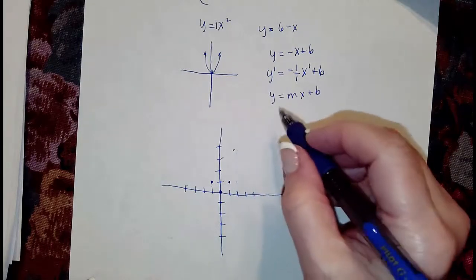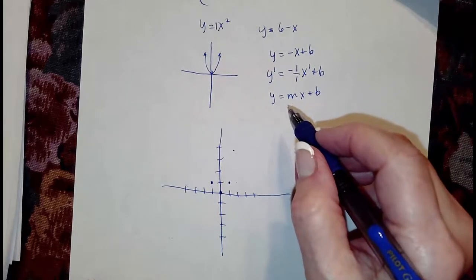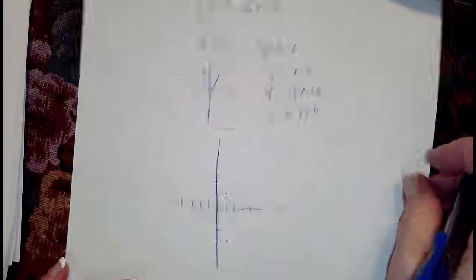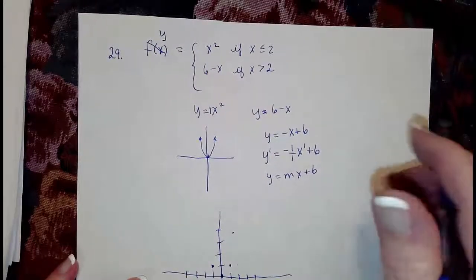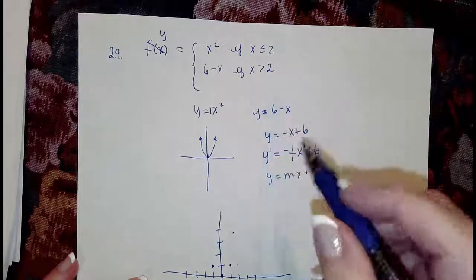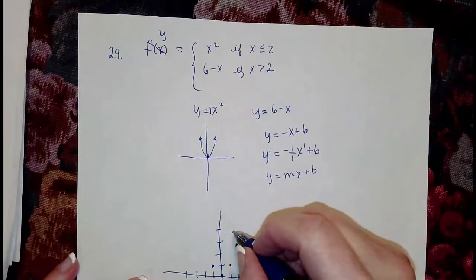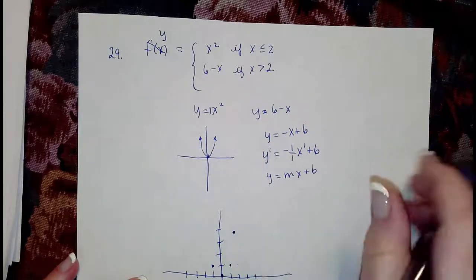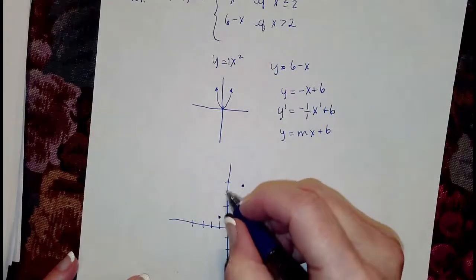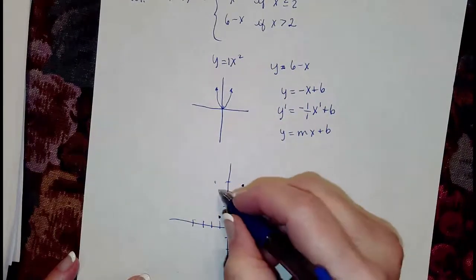So we have to decide, is it going to be a filled-in dot, or is it going to be an open circle? So we go back to our original problem, and we see that x is less than or equal to 2 is going to be a filled-in dot. So we have a filled-in dot at this point right here. So now we go over here and we do 2 to the left and up 4. And so we have our parabola.